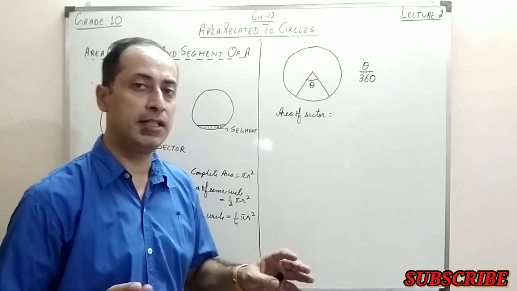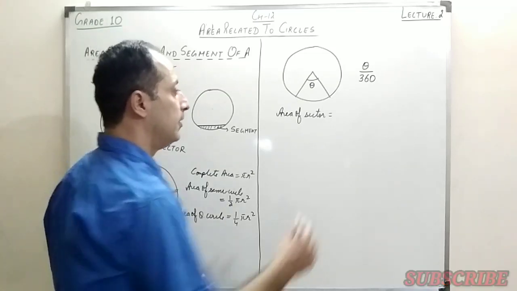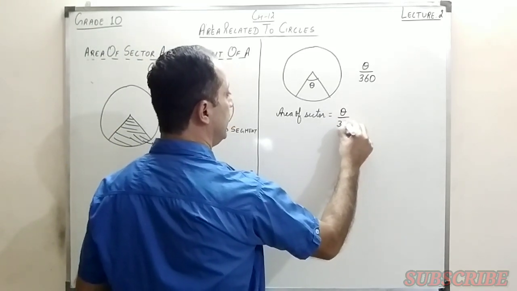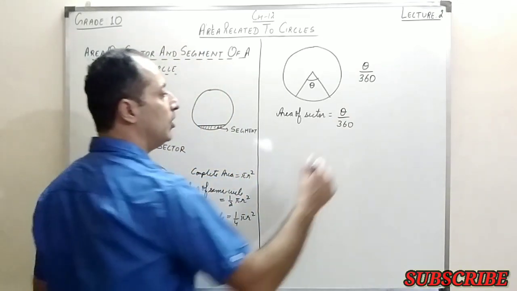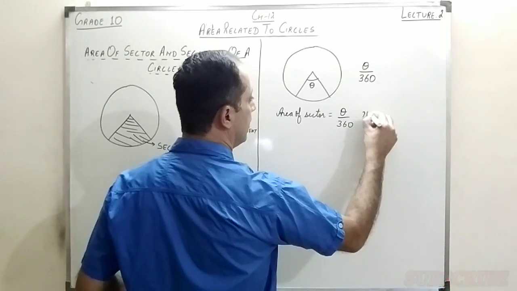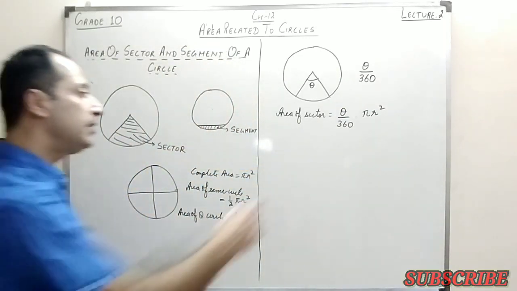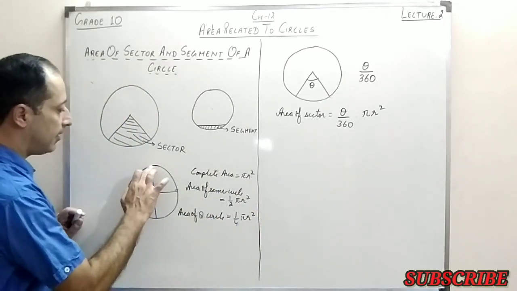But the formula remains the same, only the difference will be in the value of the angle. So the area of a sector is theta by 360, the fractional part, into the area of the circle, that is pi r square. Now, using this, we can find out these two also. If you talk about a semicircle, I just rub out these lines.